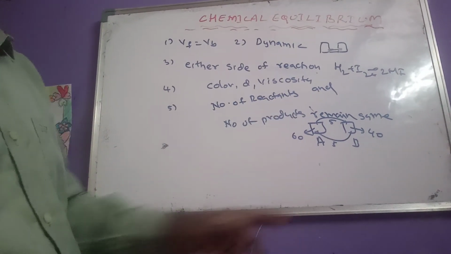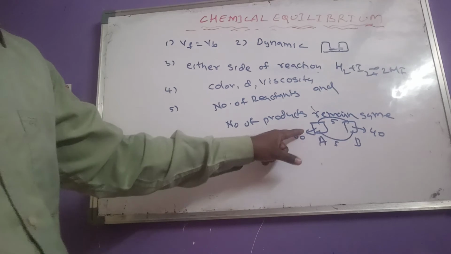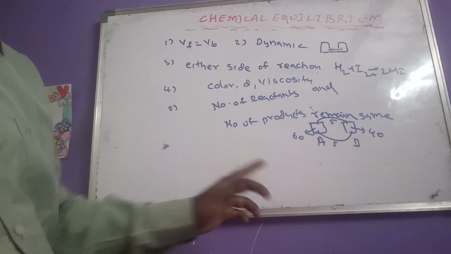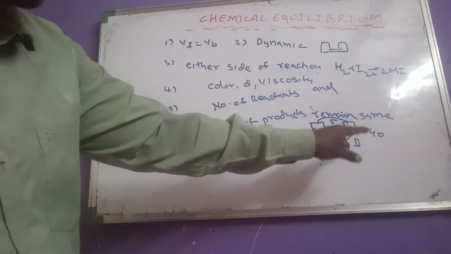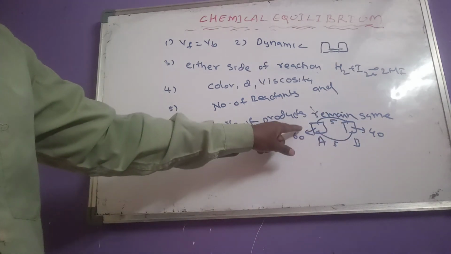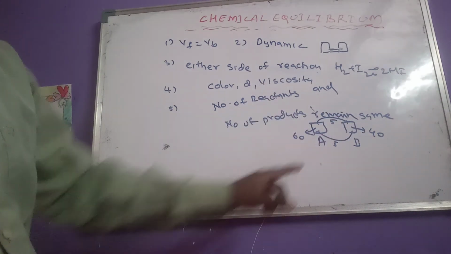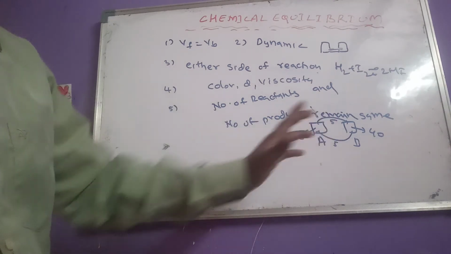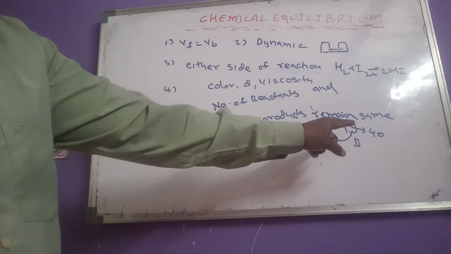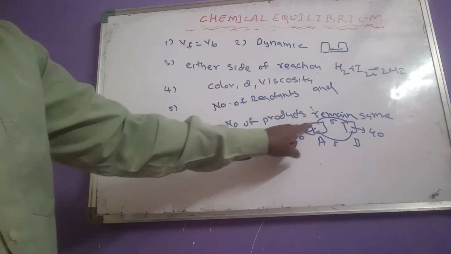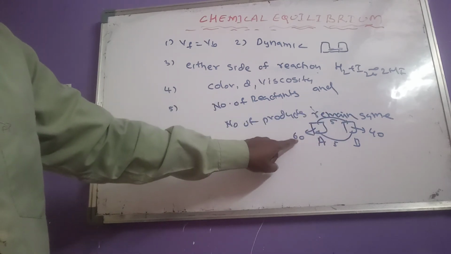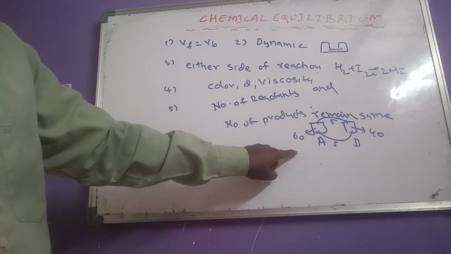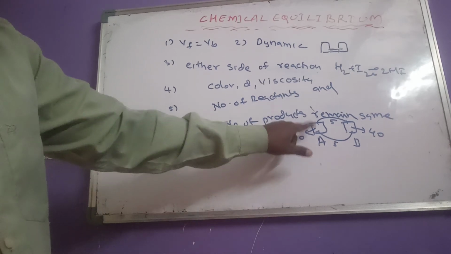That means the outgoing and incoming students remain the same. That means let us consider the velocity of forward reaction is equal to the velocity of backward reaction. That means this state is called the equilibrium state. But you can observe here, if 5 members are outgoing and 5 members incoming, this number always remains 60 only.